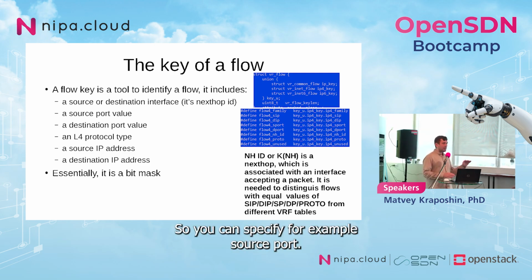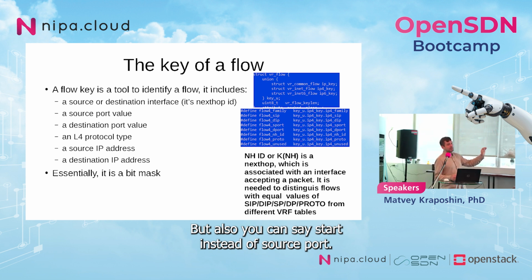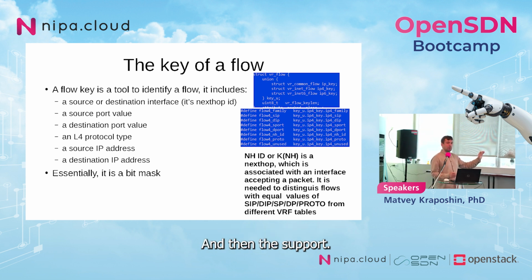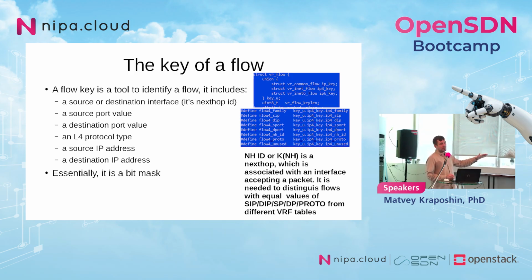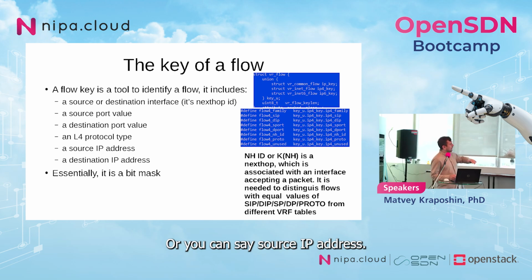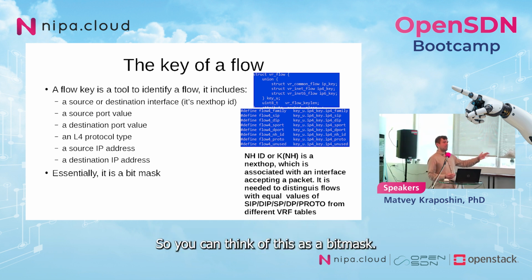So you can specify, for example, source port, but also you can say star instead of source port, and then this flow can be applied to all source ports. Or you can specify the source IP address with all bits, or you can specify only a subnetwork, and then this flow can be applied to all packets originating from some subnetwork. So you can think of this as a bit mask.